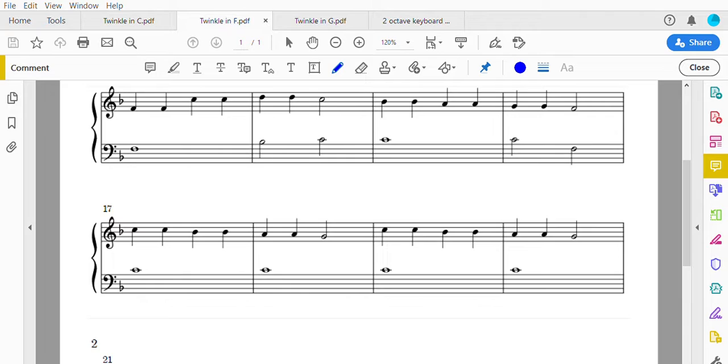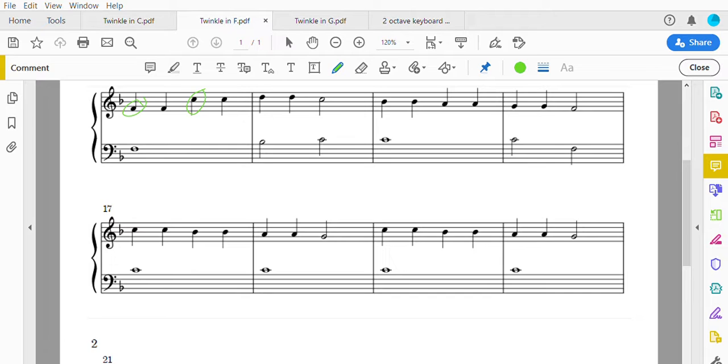Now, the example I gave yesterday, we started with red and then we switched to green, but today I accidentally started with blue. Anyway, we're still going to switch to green. So what we have here is Twinkle Twinkle Little Star in F. It's like the same picture, but this time we're working with green instead of blue, like we just did in the last video.